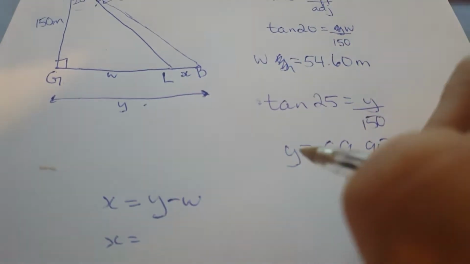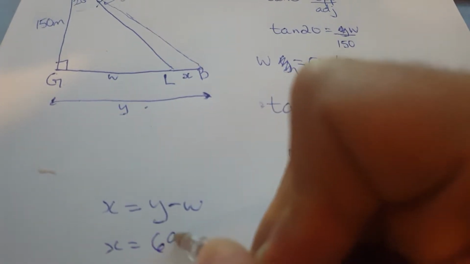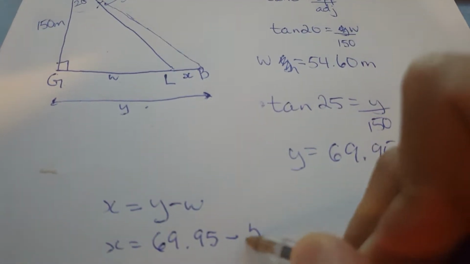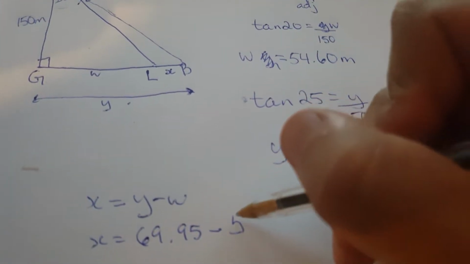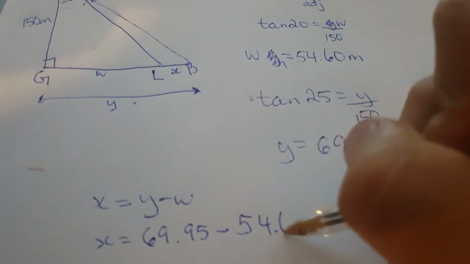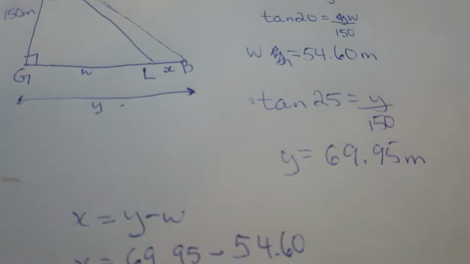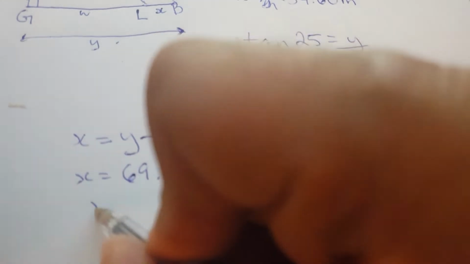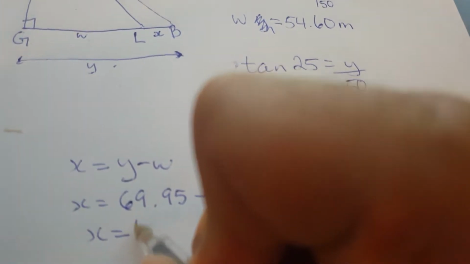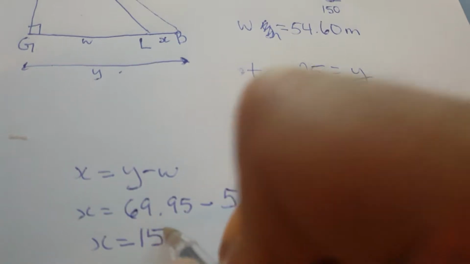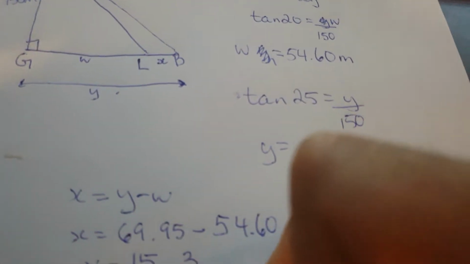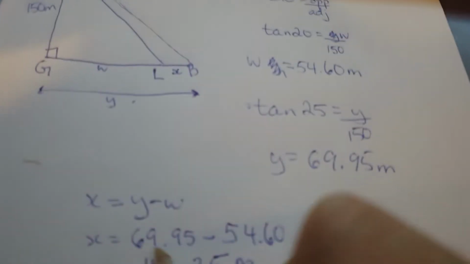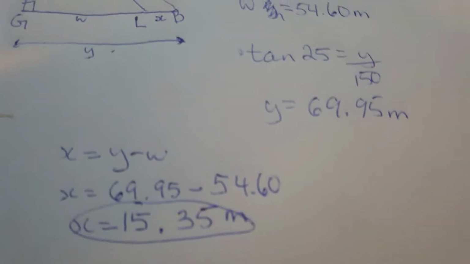So x is equal to 69.95 minus 54.60, and I get x being equal to 15.35 meters. Okay, so that's x. So that answers my question. How wide was the beam?